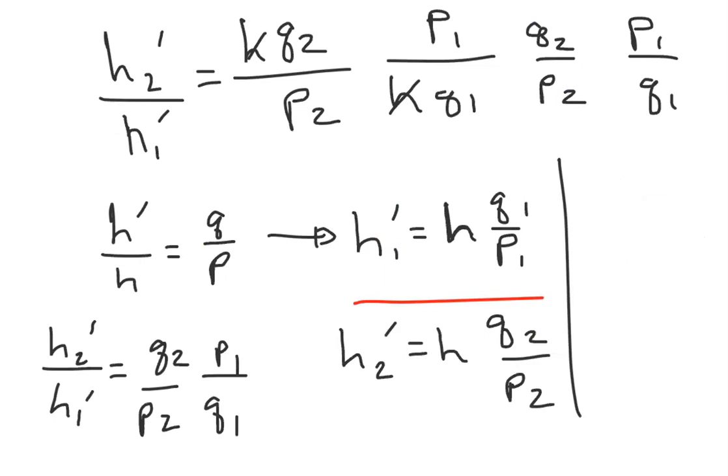I'm so sorry, I apologize about that. I don't think we've solved for Q1 over P1, have we? I think I confused myself, but do we know what Q1 over P1 is?